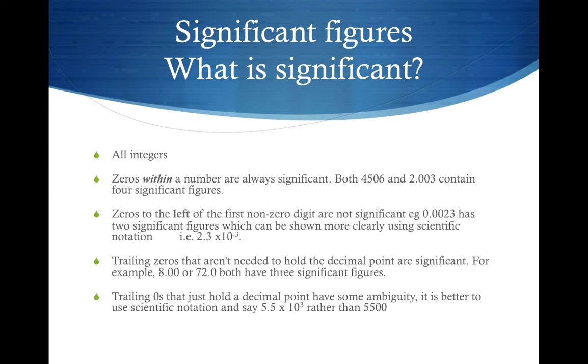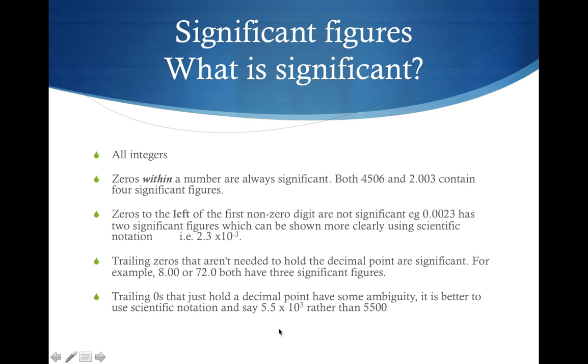Zeros to the left of the first non-zero, the first integer, are not. And generally it's easier to put it into scientific notation. Zeros which are after a decimal point, which have got no real business being there other than to tell you how accurate it is, like these, they are definitely significant.